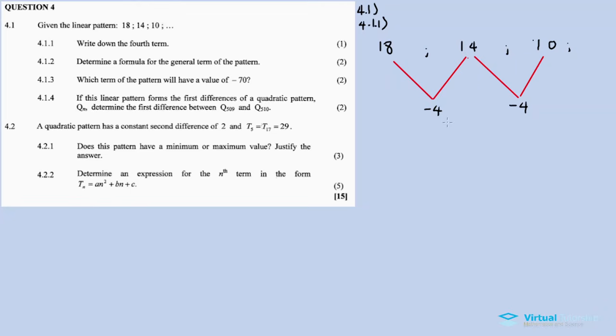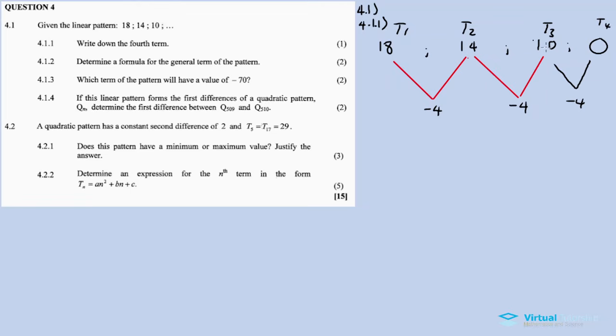So we want T4. Since this is T1, this is T2, and this is T3. You get T2 from T1 as well as the common difference. 18 plus minus 4 gives us 14. 14 plus a negative 4 gives us 10. So we know that the difference between T4, which is unknown, and T3 is still going to be minus 4, since it's constant throughout.